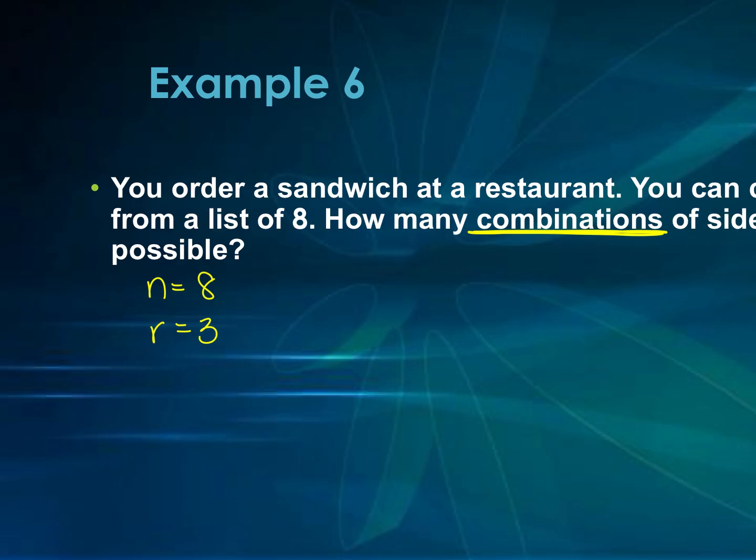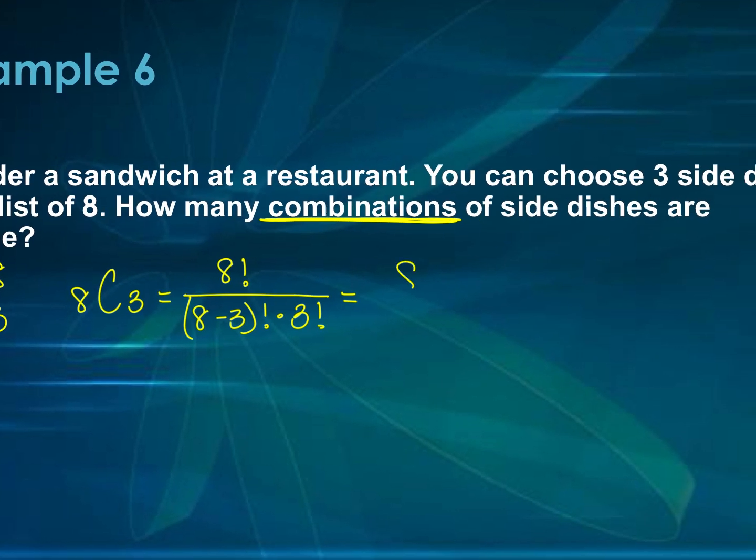So looking at this, I'm going to have 8C3. Solving this, I'm going to have 8 factorial over 8 minus 3 factorial times 3 factorial. Solving it, I'm going to have 8 factorial over 5 factorial times 3 factorial.